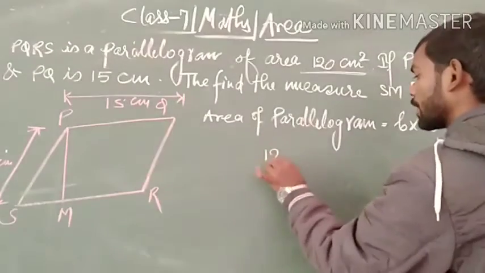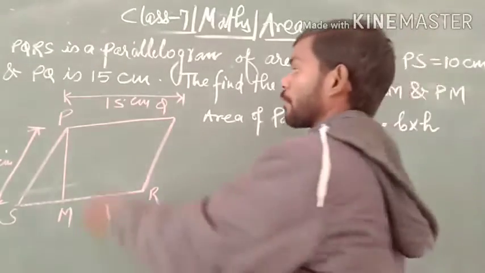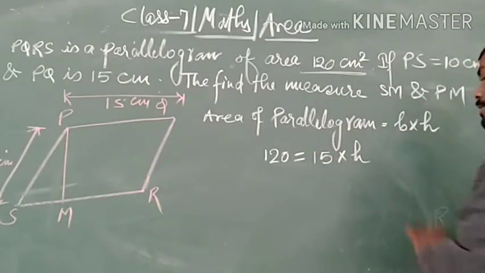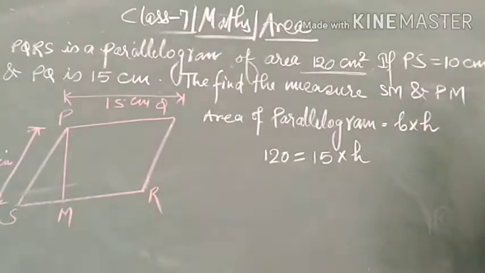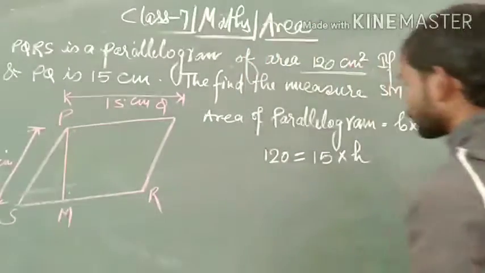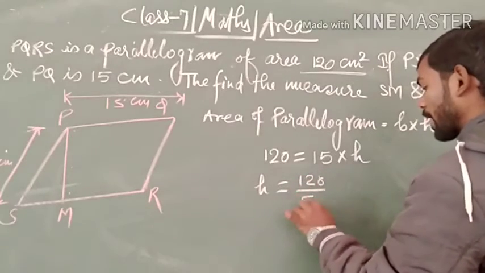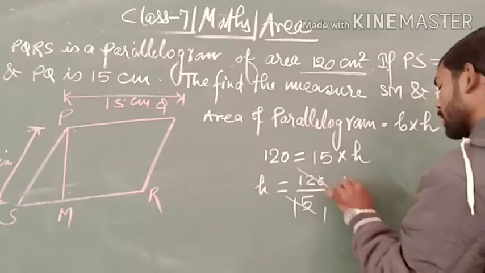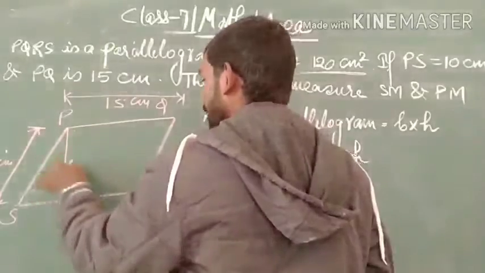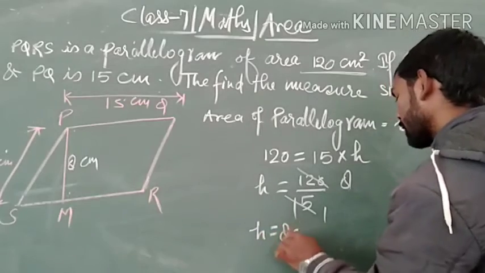Therefore, we write 120 is equal to B, the base, which is 15 centimeter, so we multiply 15 by H. What is H? H is the corresponding height, that is the value of PM. Therefore, H is equal to 120 upon 15, and 15 times 8 is 120. Therefore, the value of PM is 8 centimeter, that is the corresponding height.